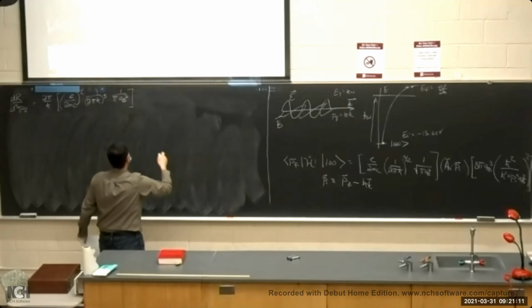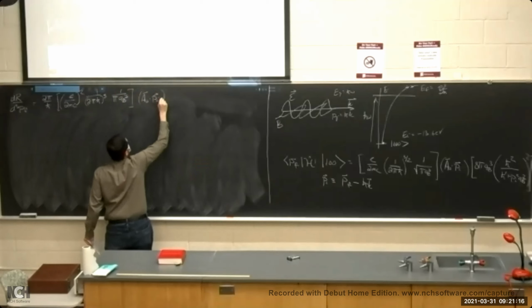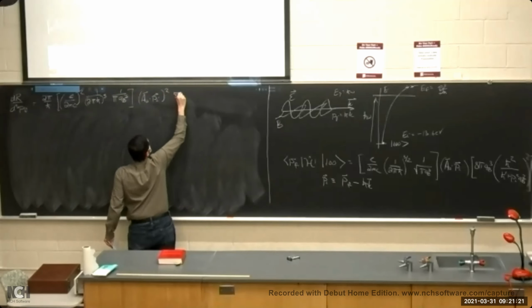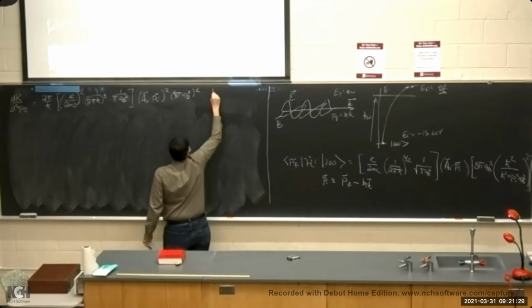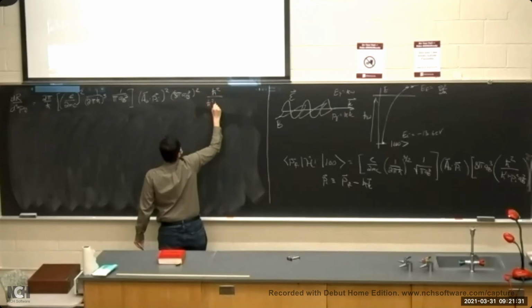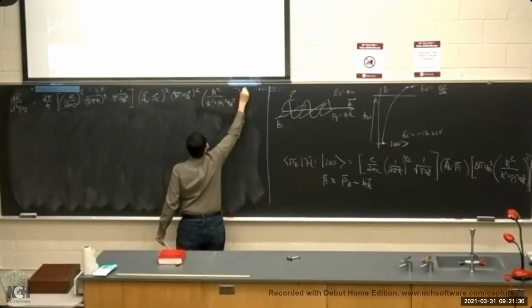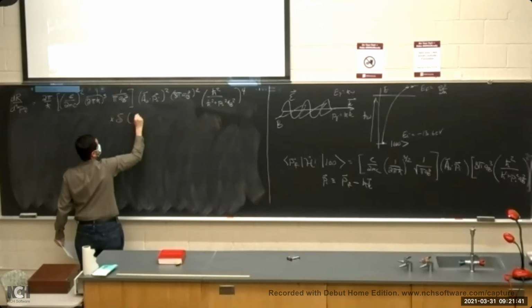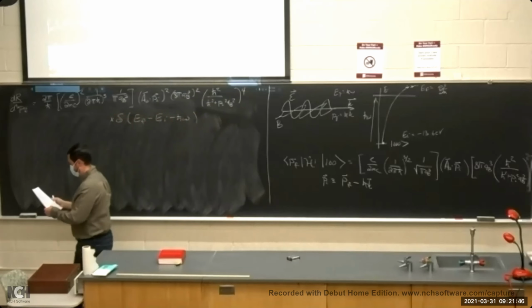I now have the magnitude A naught dot P initial squared. And I have even more constants: 8 pi Bohr radius cubed, which gets squared. And I have h bar squared over (h bar squared plus P initial squared Bohr radius squared) to the 4th power, times the last thing, the energy conserving delta function, E final minus E initial minus h bar omega.